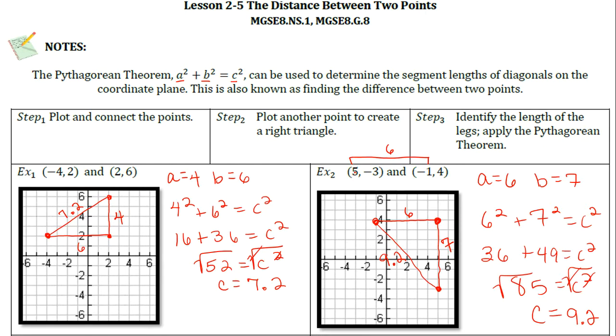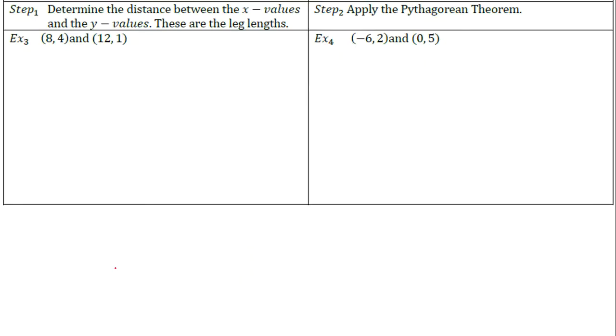So even if I were to add these and get a negative, I would only look at the absolute value because we're talking about a distance, a length. Then we have the vertical leg, and that deals with the y values from 4 down to -3. So from -3 to 4 was a distance of 7. This is going to be helpful when we look at the next examples.